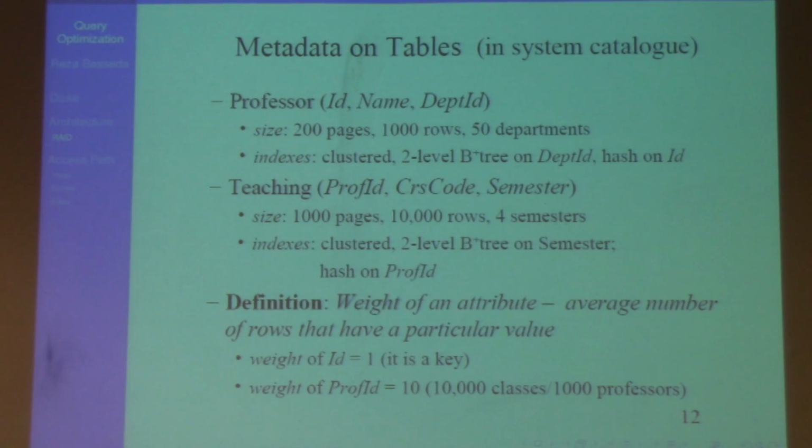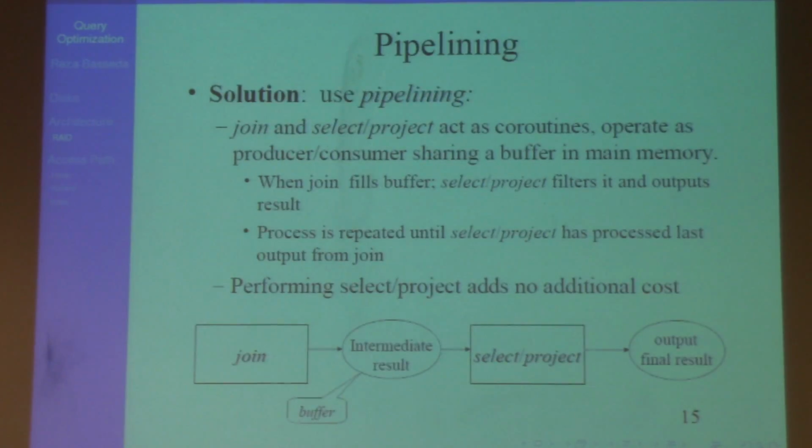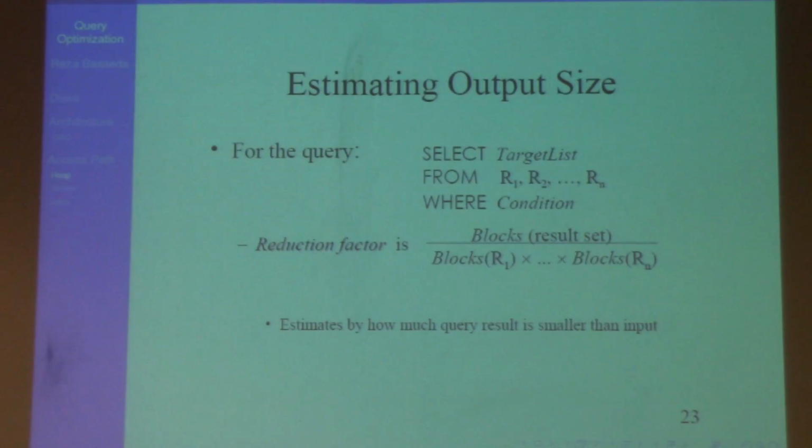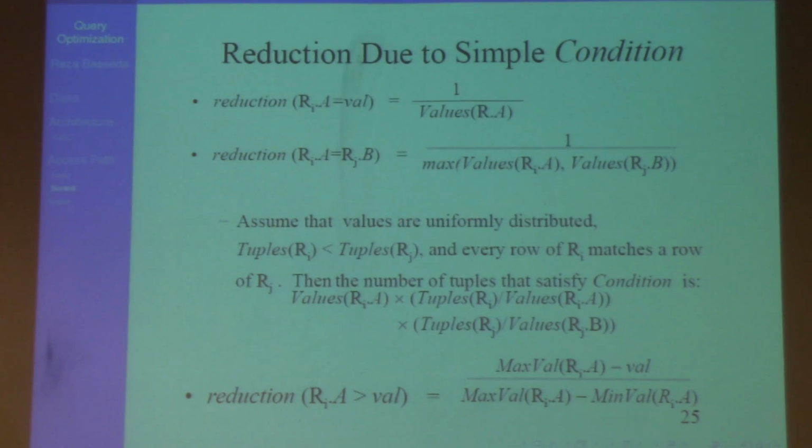The reduction factor will be 1 over 50, right? Out of each 50 records, at least one of them will be in the output.